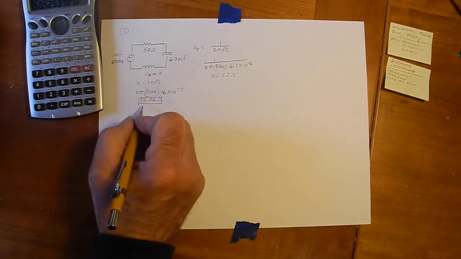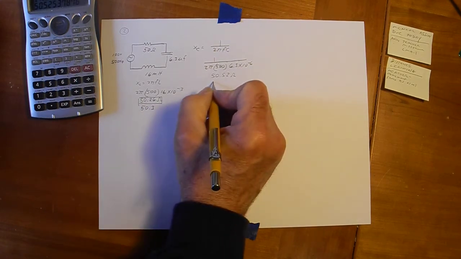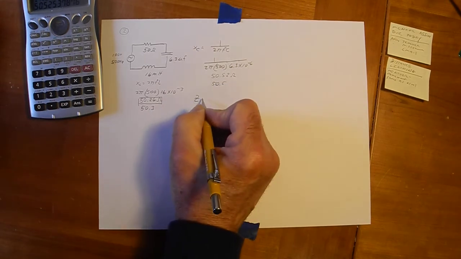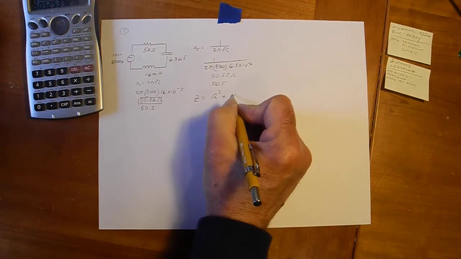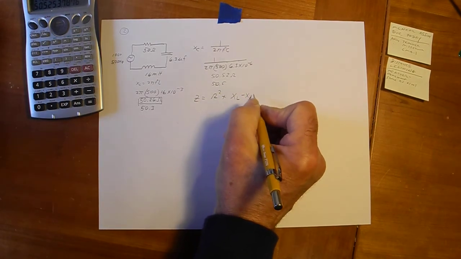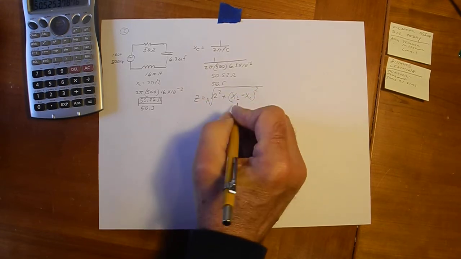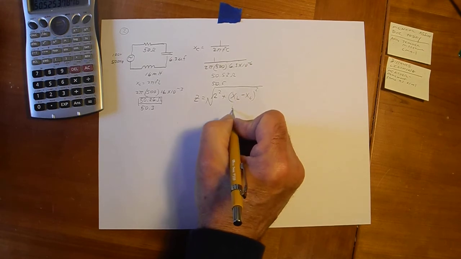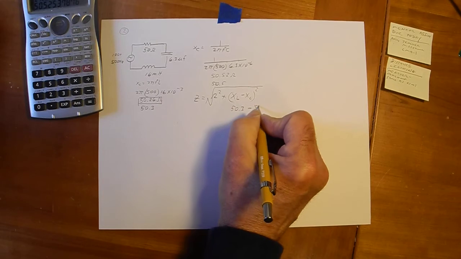So we're going to call this guy 50.3, and this guy 50.5. And look at the impedance formula. Z equals the square root of R squared plus the quantity X of L minus X of C, squared. X of L is 50.3, this is 50.5.